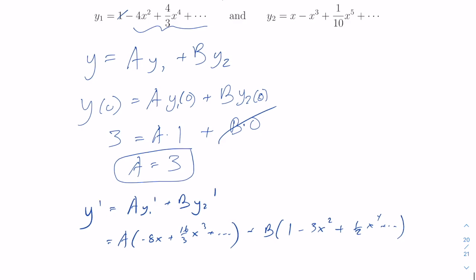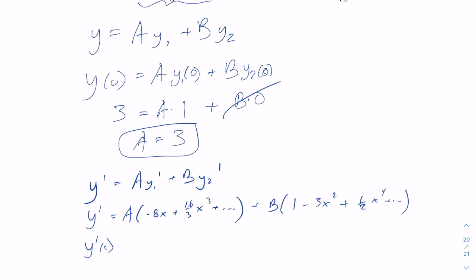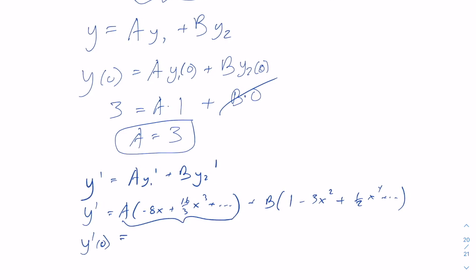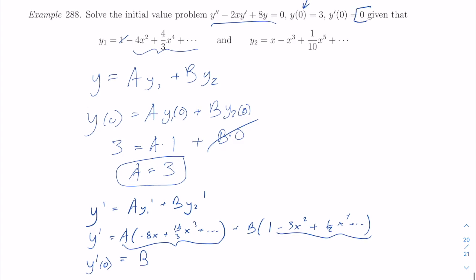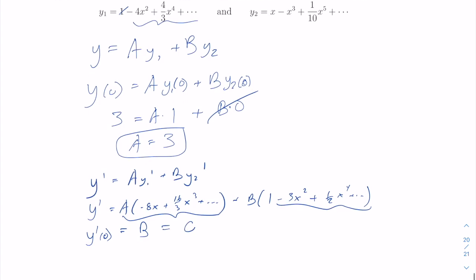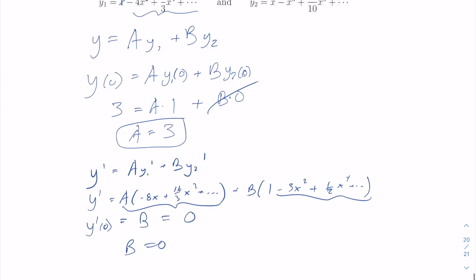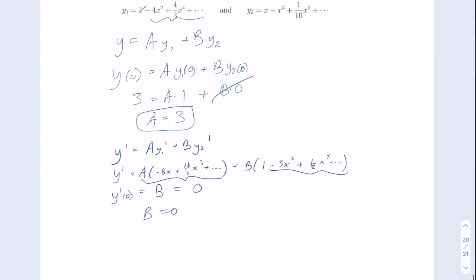All right, and now that's my y prime. So then y prime of 0 is equal to what? Well, all of those go away, and all I'm left with over here is just b. So in this case, this is equal to 0. So I have b actually equals 0.